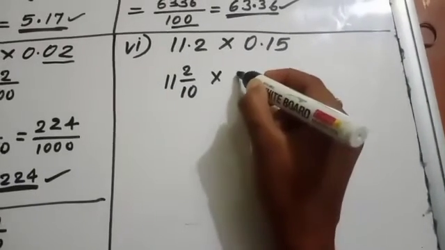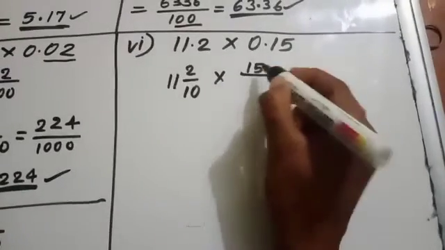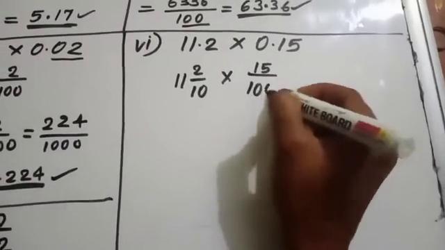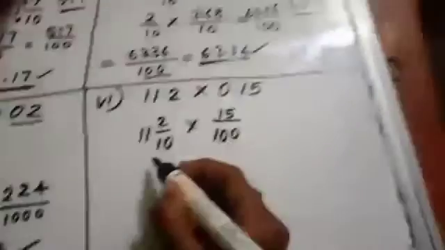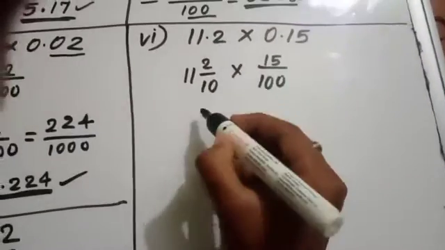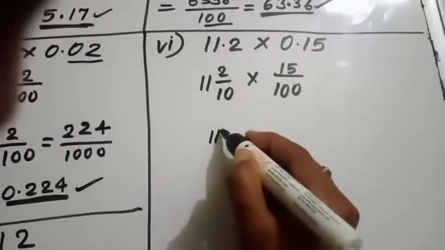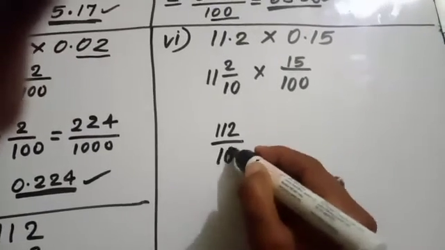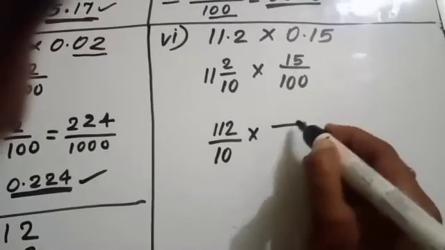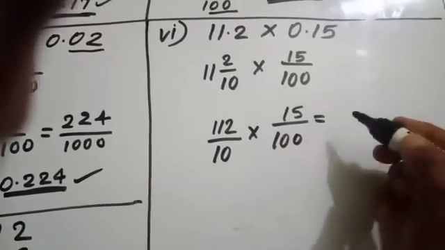Here 0 is the whole number, so no need to write. 15 we can write in the 100th place. Here we have again one mixed fraction. So let us convert into an improper fraction. 110 plus 2, 112. Then the denominator will be the same, 100, and 15. Both we have got as fractions.